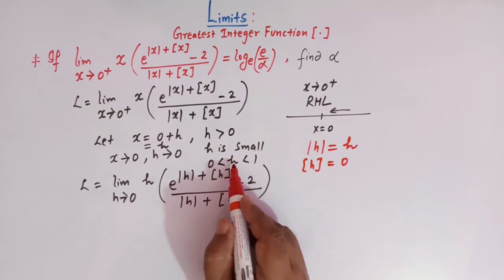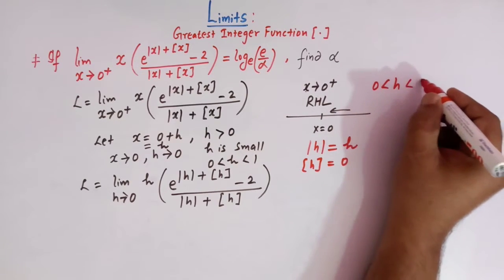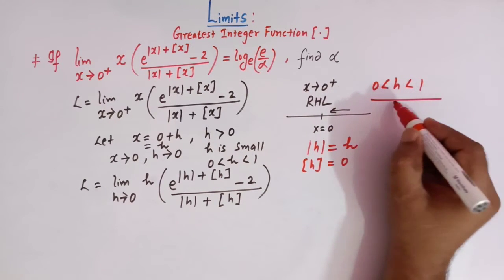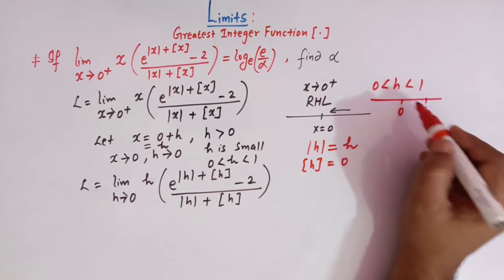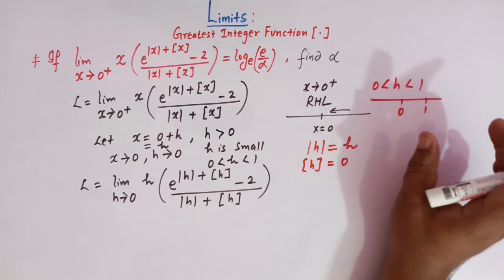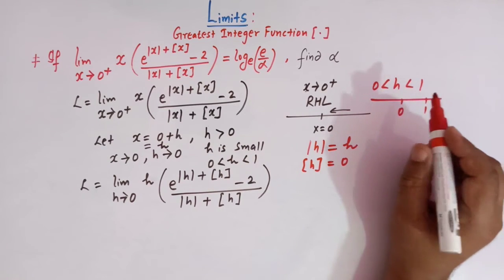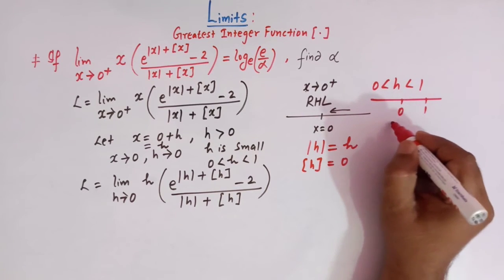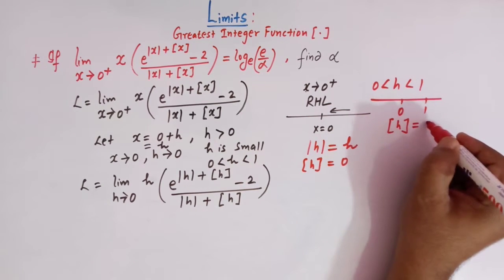Why? Because h lies between 0 and 1. Whenever the value of h is very small and positive, h lies between 0 and 1, and by the definition of the greatest integer function, the value of greatest integer of h is equal to 0.